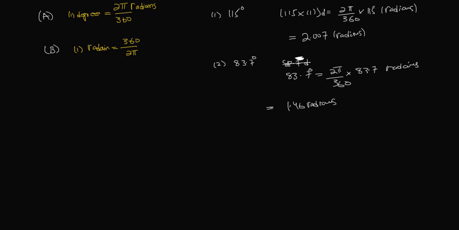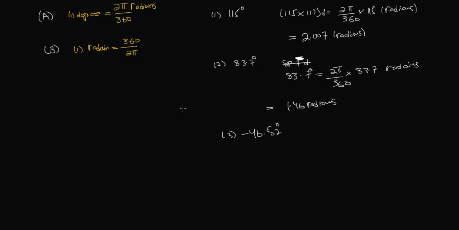Negative 46.52 degrees. So this is a negative angle, which means that it is going in the clockwise direction, because in the clockwise direction we measure angles as negatives.